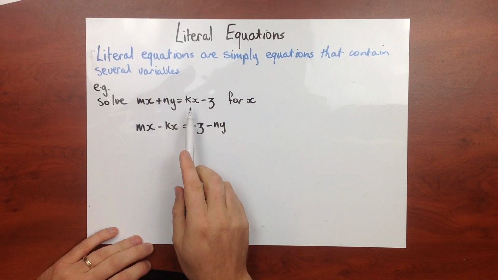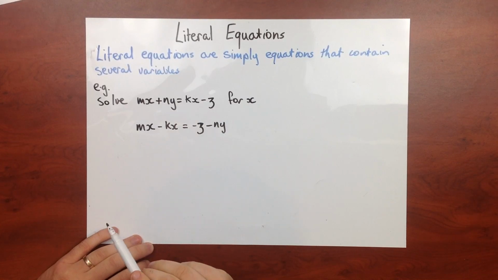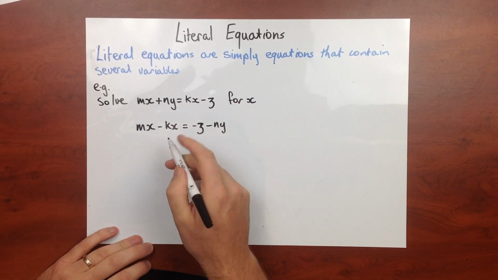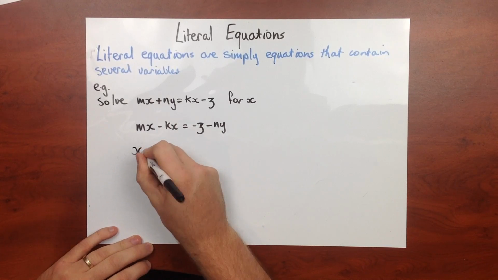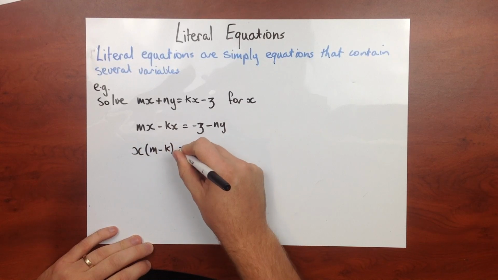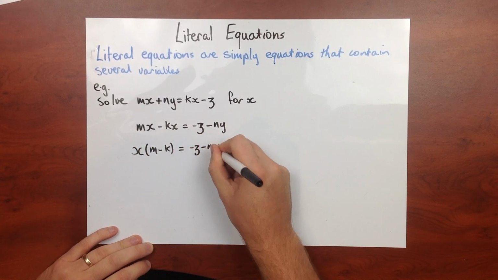I've taken my kx over this side and my ny over that side. What I want to do here is get x by itself, so I'm going to need to take it out as a common factor here and say I've got x outside of m minus k equaling negative z minus ny.